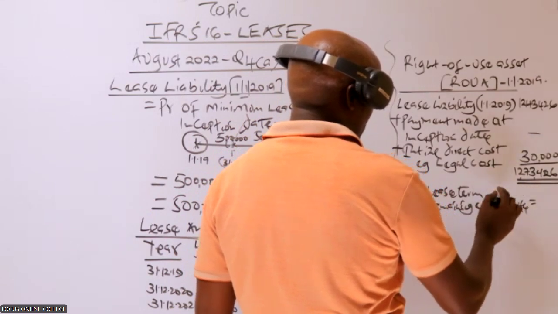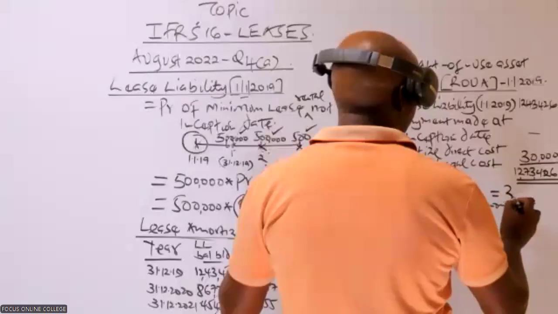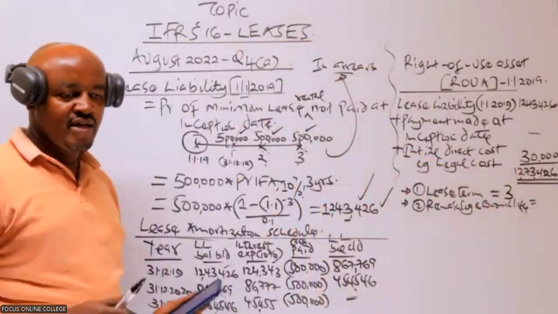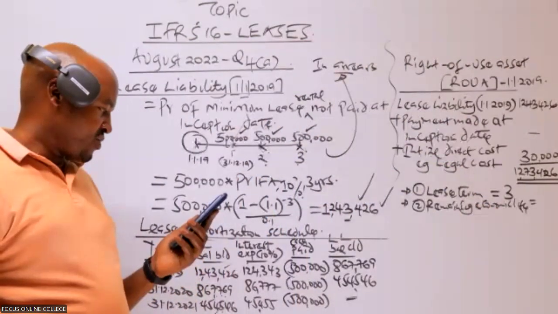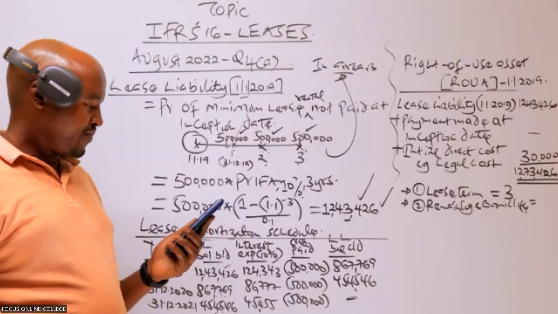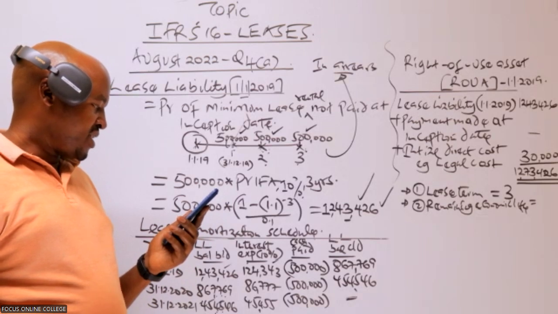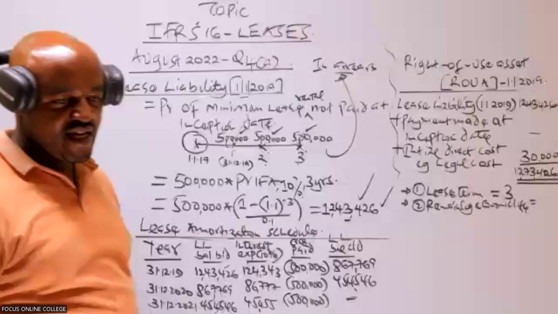If you can recall, we know that the lease is for 3 years: year 1, year 2, year 3. That is something we already have. What about the remaining economic life of the asset? This one is also given. In paragraph 2, sentence number 2, we are told the plant and equipment had a remaining economic useful life of 5 years at the inception date.